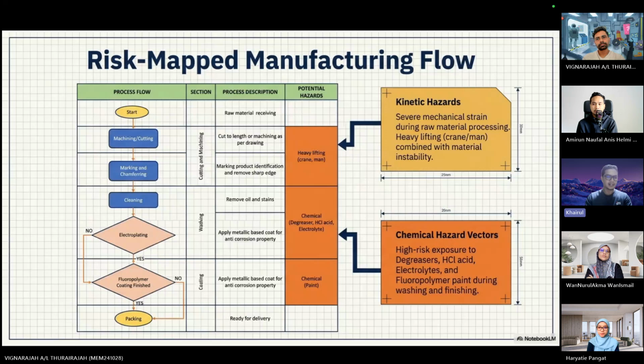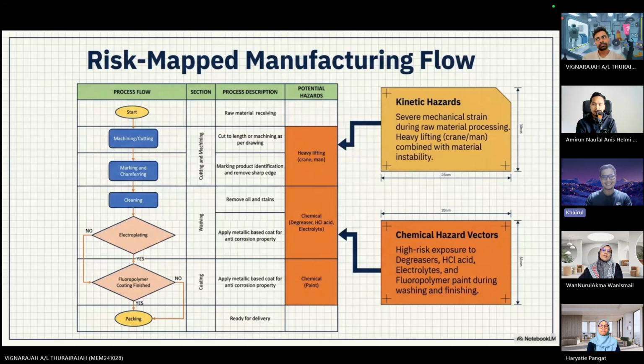And the second one is the cleaning, where they have a washing area to remove the oil and stain, and also to apply the base coat, which is the electroplating layer. So basically the hazard here is chemical.